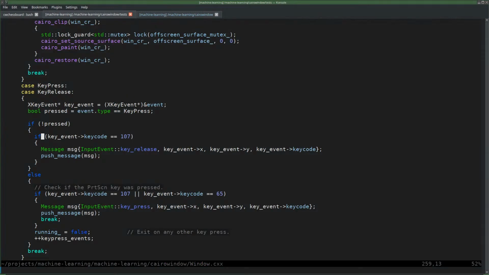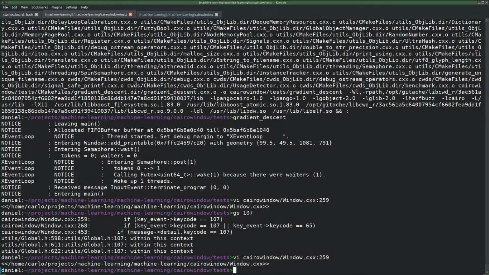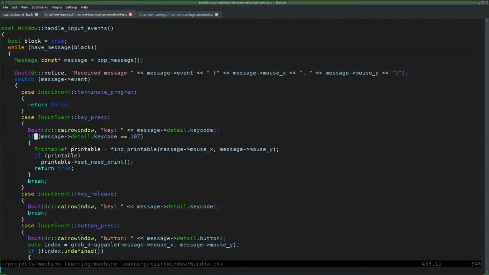What's this? It's key release. Guess we want to see that as well. And I guess it's received here. The key press.